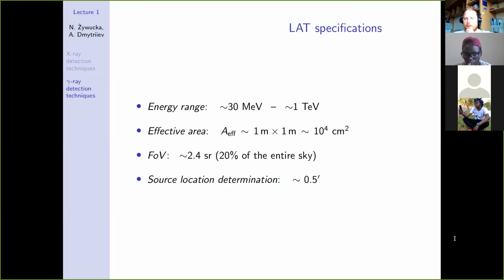Okay, so for the first question, I don't think I understand. So the LAT is a space telescope, but it's using the pair conversion technique.